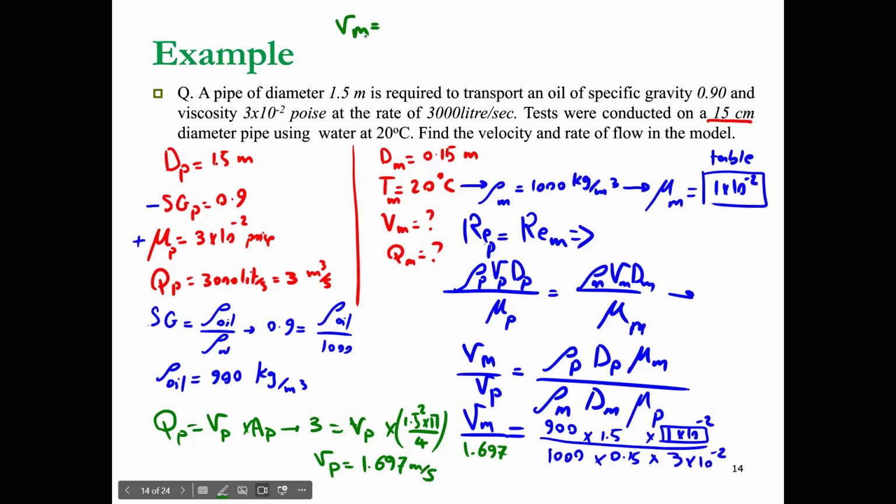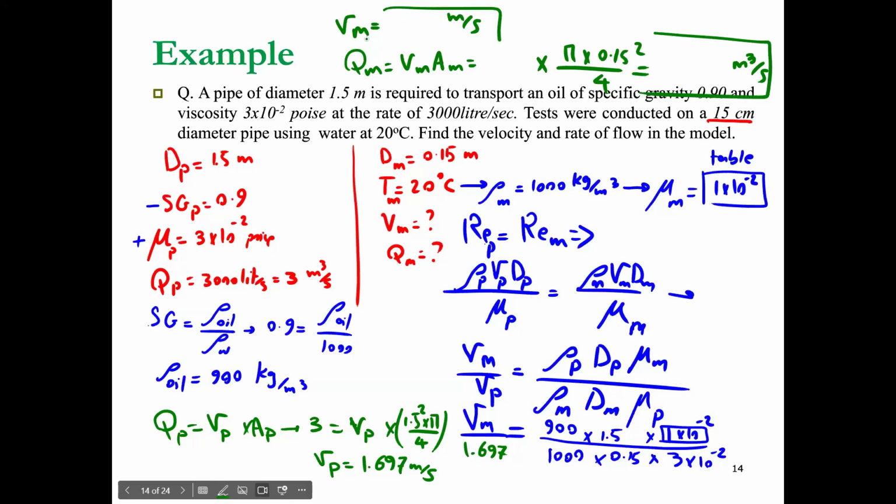You have all the numbers you need. And then Q of M is VM times area of M. What's the velocity for the model? I have 5.0. Yes.